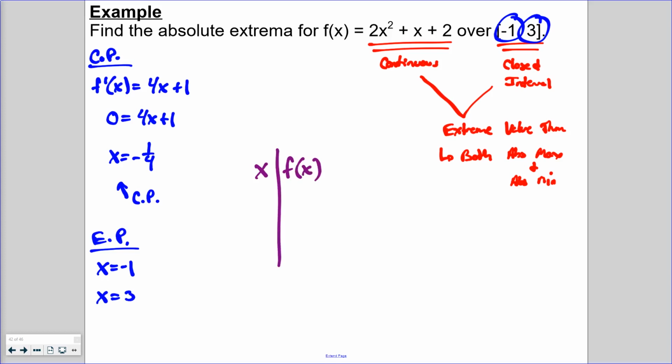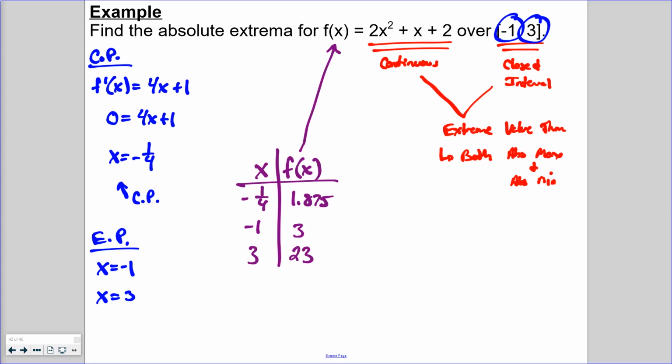To help us do that, I'm going to draw this t-table. Again, we want our x values to be -1/4, -1, and 3, and these x values are getting plugged into our original function. When I plug in -1/4, I get 1.875. When I plug in -1, I get 3. When I plug in 3, I get 23.